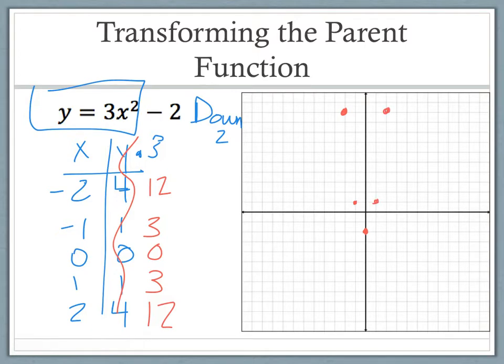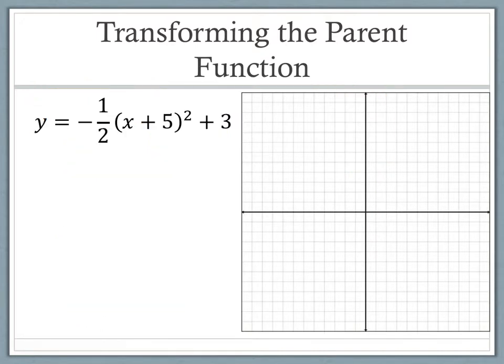You can pretend that once you shift it, that's your new 0, 0. If you're iffy about that, you can always just draw your parent graph and then shift it down 2, and you should end up with this same graph. Now try your best to round this out and make it a parabola. All right, so there's our graph.